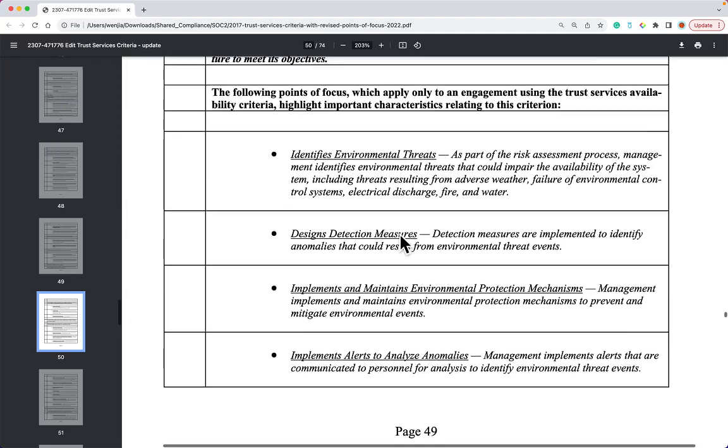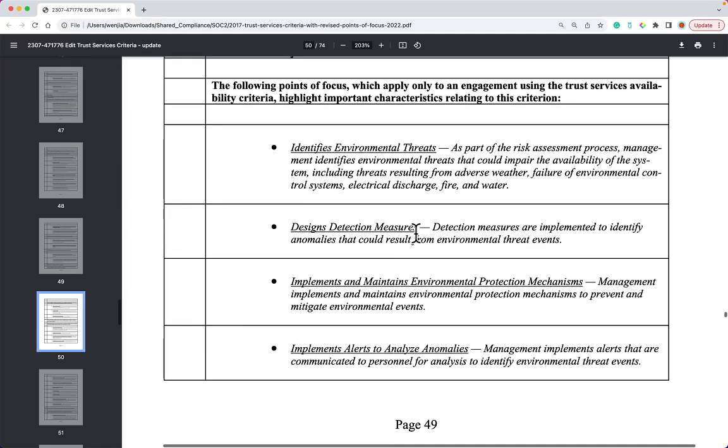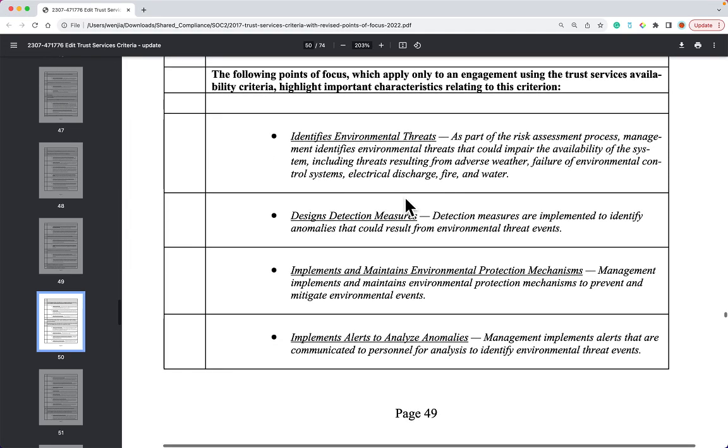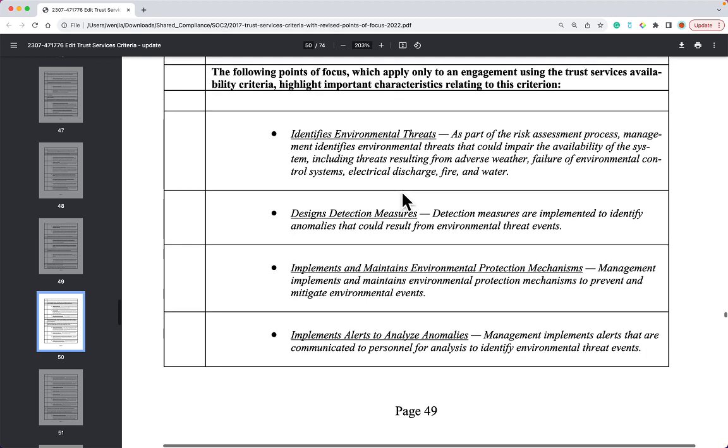The first one, identifies environmental threats. So you need to know what is threatening the availability of all your resources.